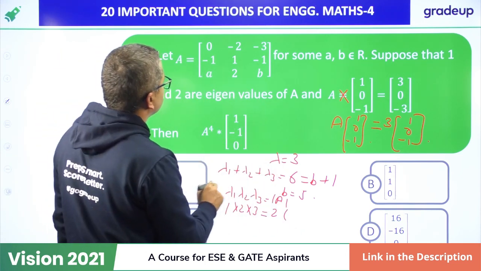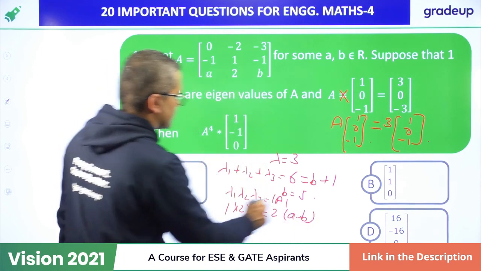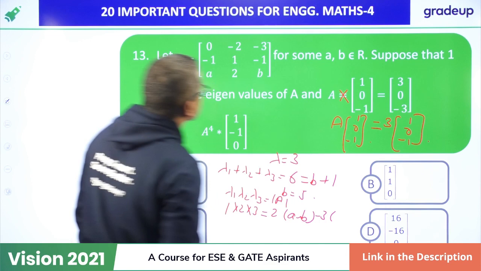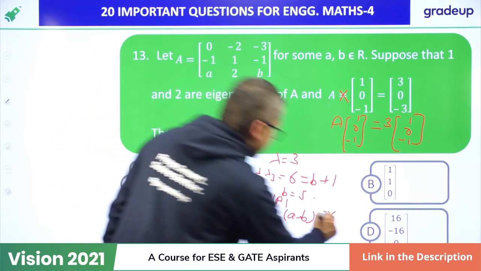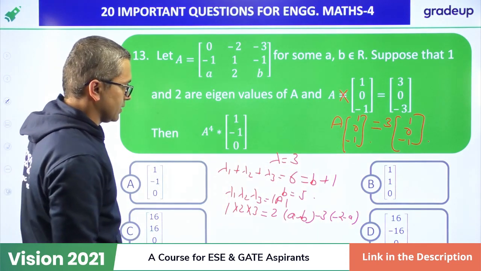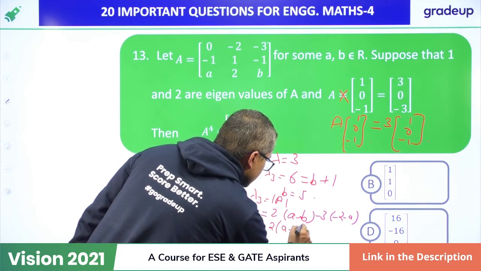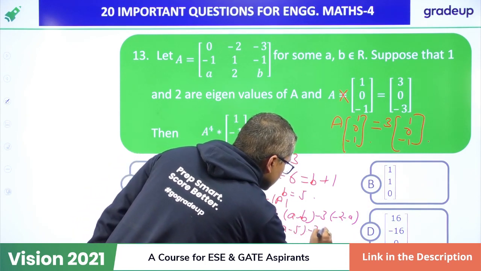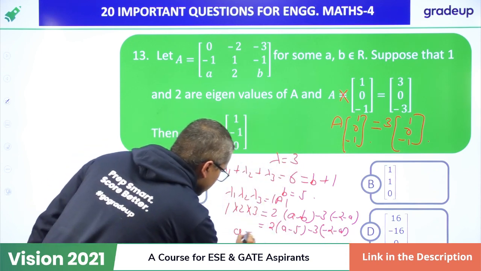So that is going to be A minus B minus 3 into minus 2 minus A, minus 2 minus A. All right. Now just plug in these values, guys: A minus B minus 3 and minus 2 minus A, and try to calculate A from here.